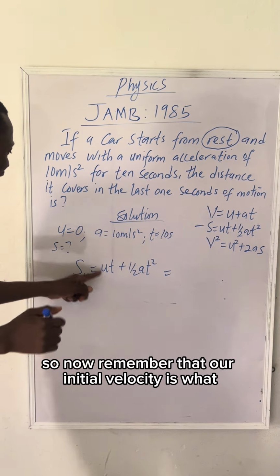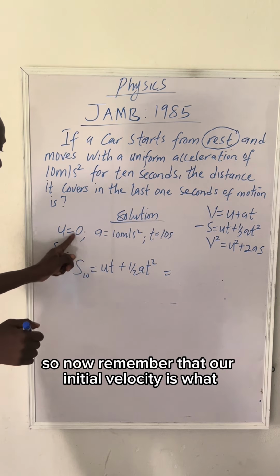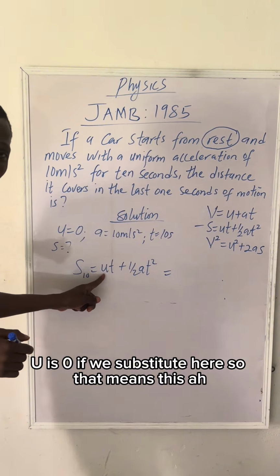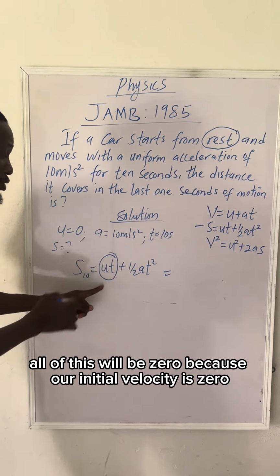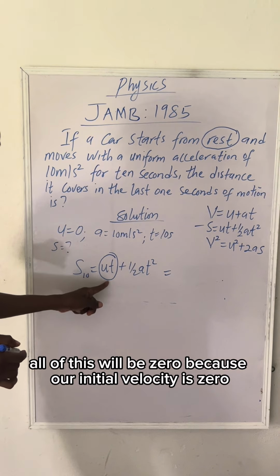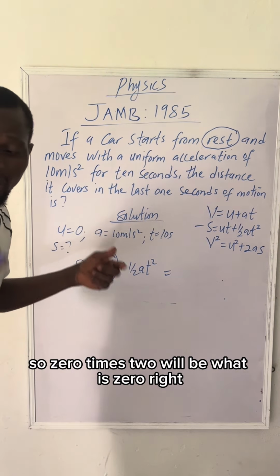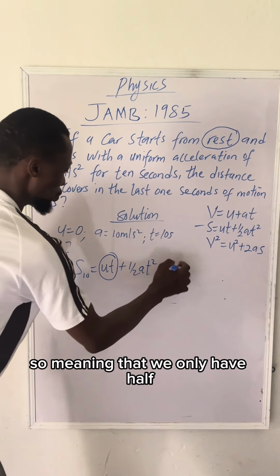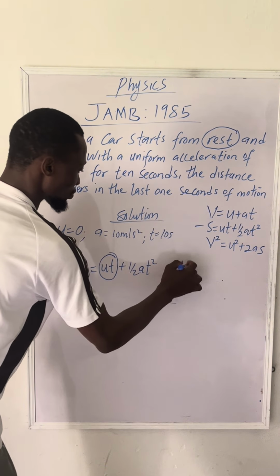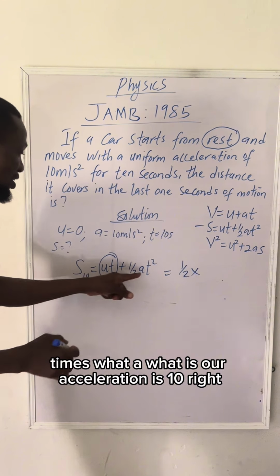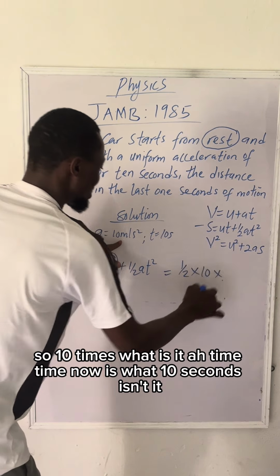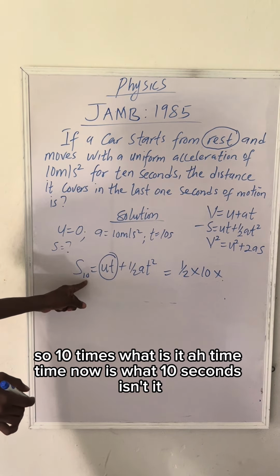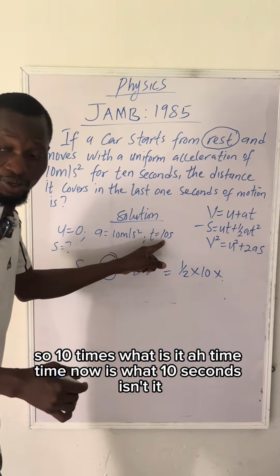So now, remember that our initial velocity u is 0. If we substitute here, all of this will be 0 because our initial velocity is 0. So 0 times t will be 0, right? So we only have half times a. What is our acceleration? It is 10, right? So 10 times, what is the time now? 10 seconds, isn't it?